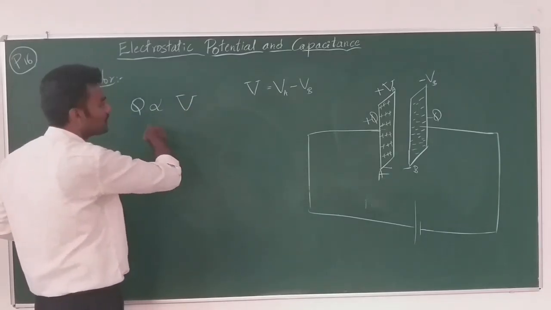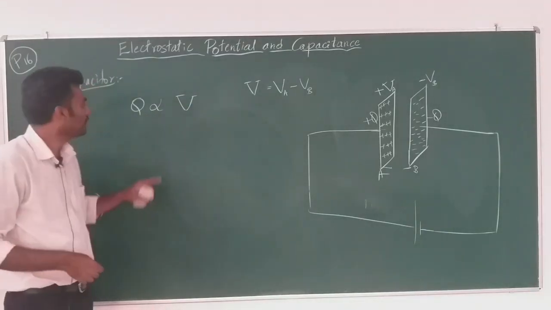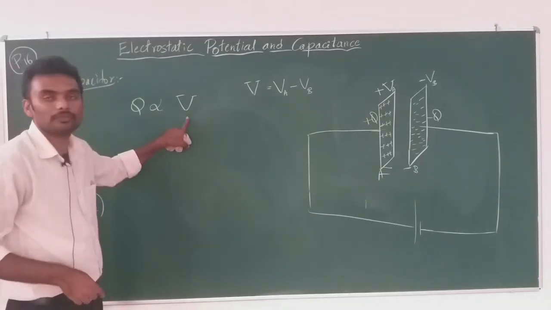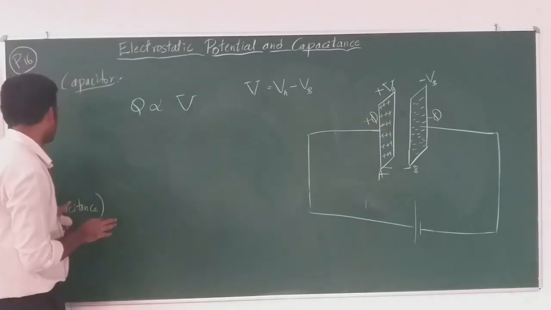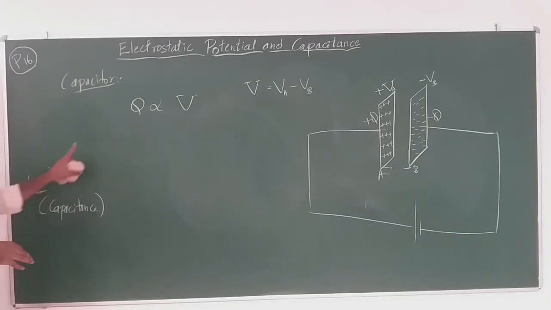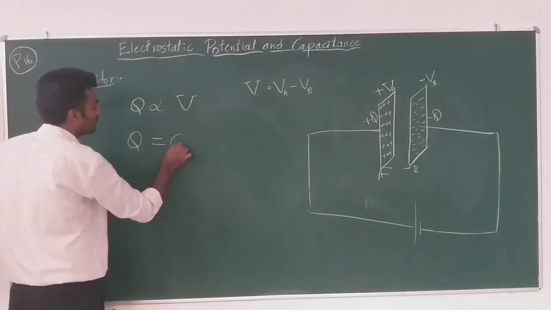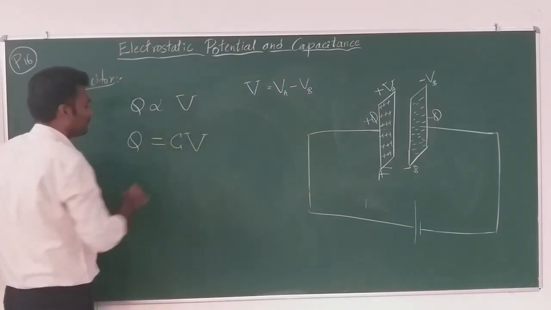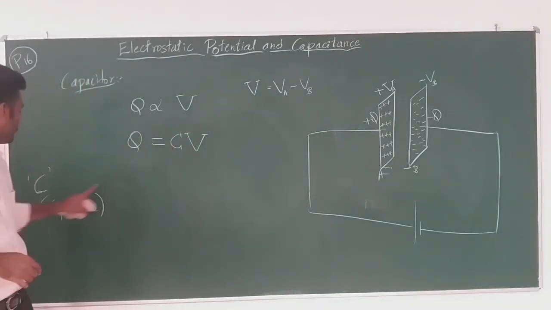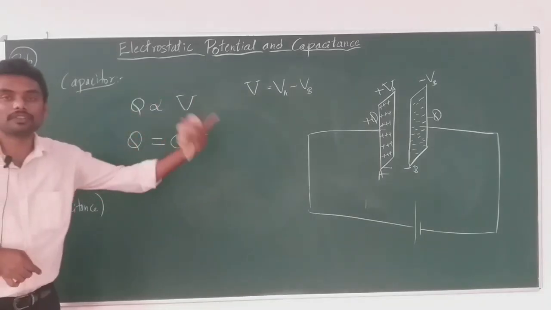Q is the charge stored in either plate. So Q is proportional to V, this seems good. Now I want to remove the proportionality, so Q becomes equal to CV, where C is called the capacitance of the given capacitor.